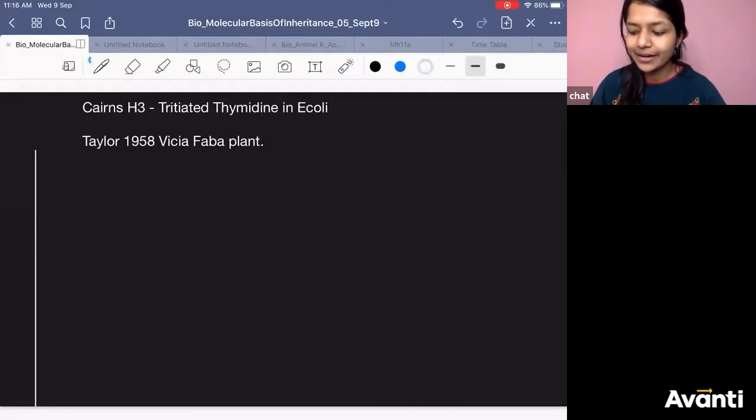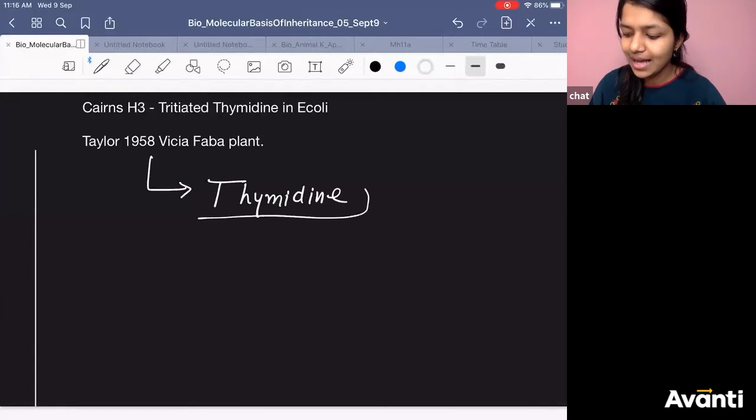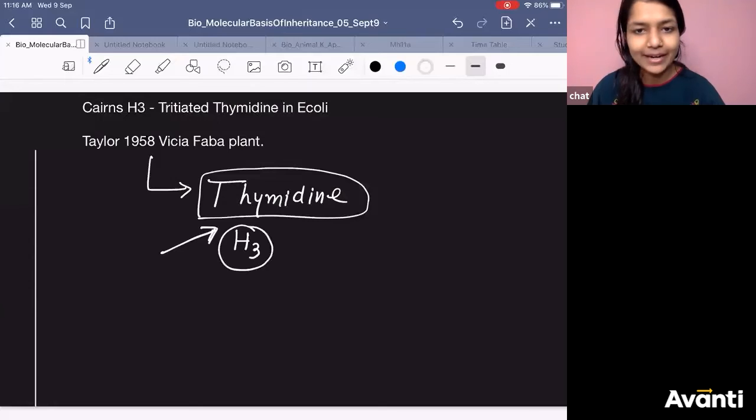So what had Taylor used? Taylor had used thymidine. Okay? In thymidine, he had used the radioisotope technique. He had used hydrogen 3. Hydrogen has 3 forms, right?